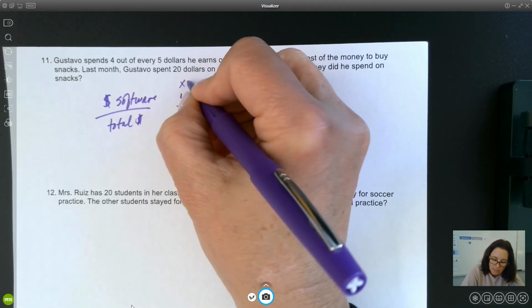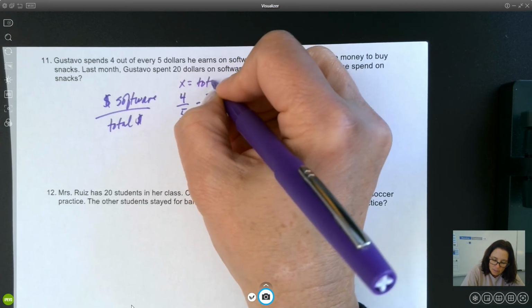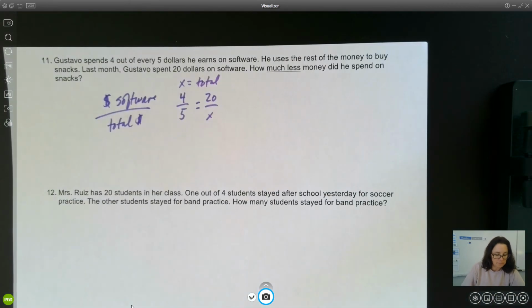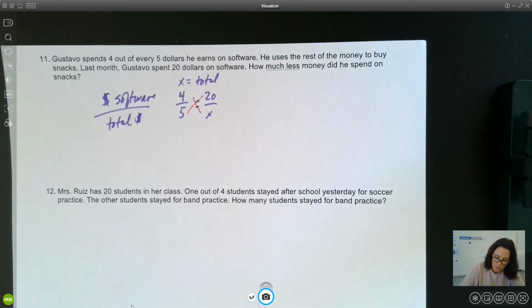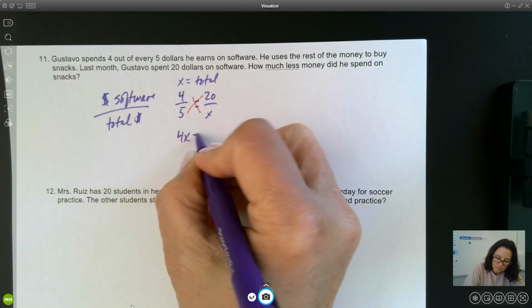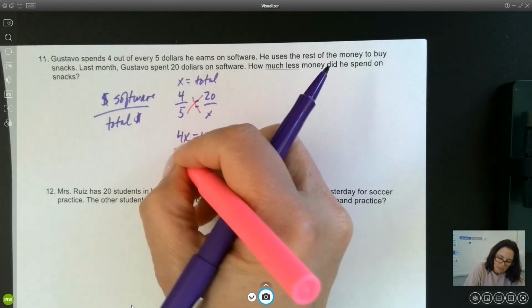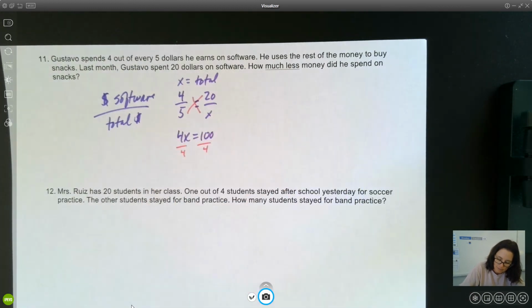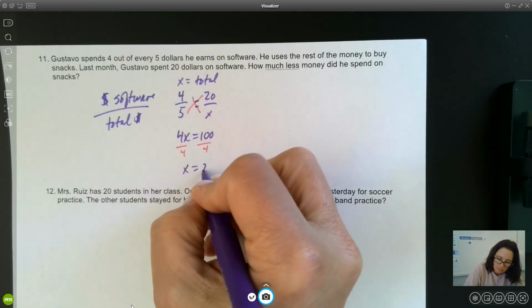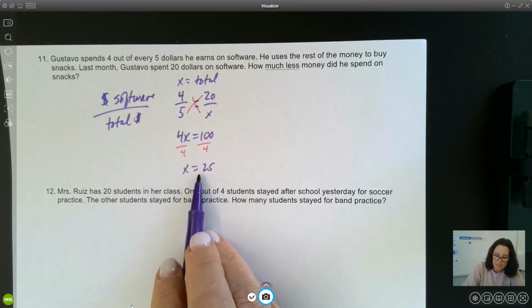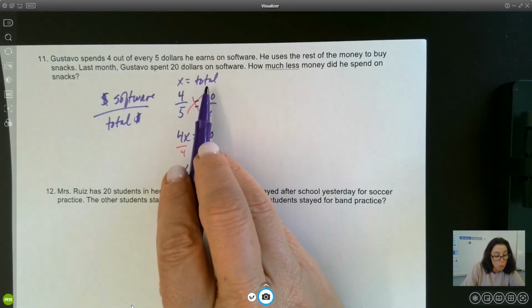I'm trying to find the total spent. Okay, so I've got 4x equals 100. Divide by 4, and I've got 25. Okay, now x, 25, is the total.